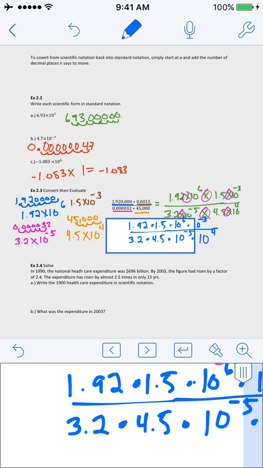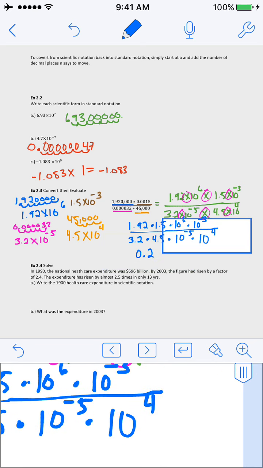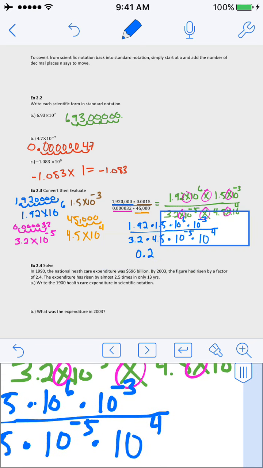So if we simplify this decimal, 1.92 times 1.5 divided by 3.2 times 4.5, we end up getting 0.2. So the decimal part is 0.2. And then we can use our exponent rules over here. So our exponent rules say we can combine using product or we can use quotient rule. Remember, it's up to you either way. I'm going to start with the product rule though.